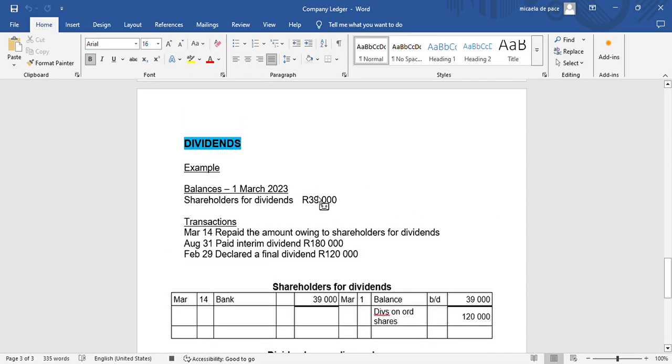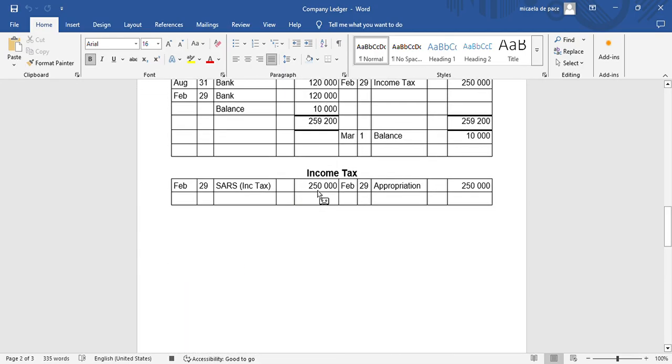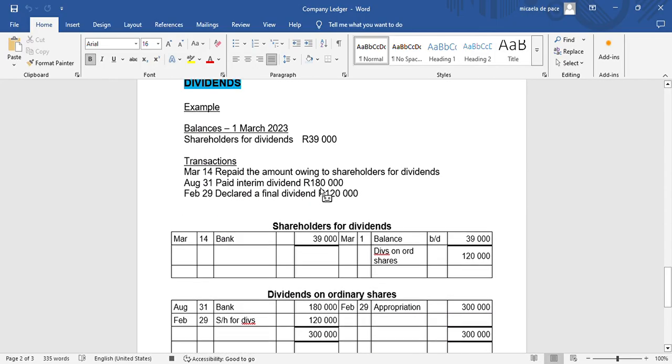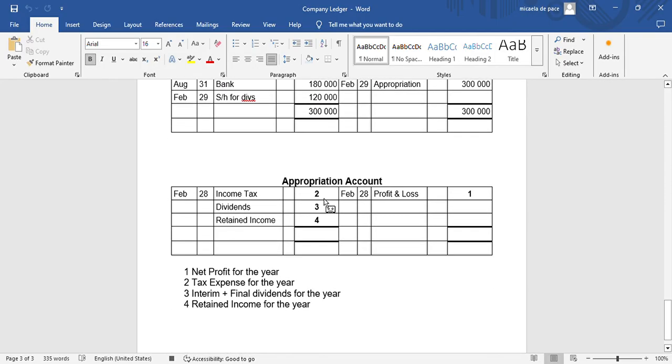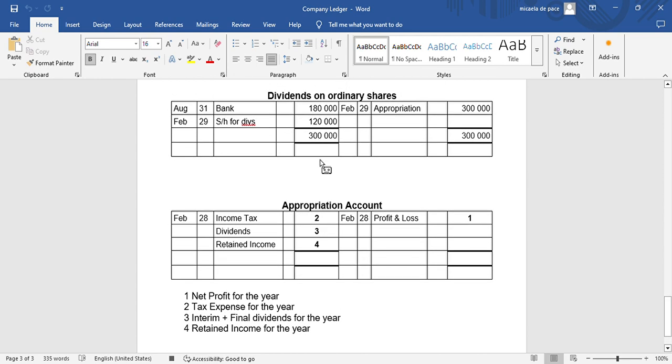So if you go back to the above example, the tax that you should have paid, remember, was $250. So that is what you would record for income tax, the $250. Then coming to the dividends, it's the total dividend for the current year. In other words, your interim dividend plus your final dividend. So if you're doing this one, that amount would be 300,000.